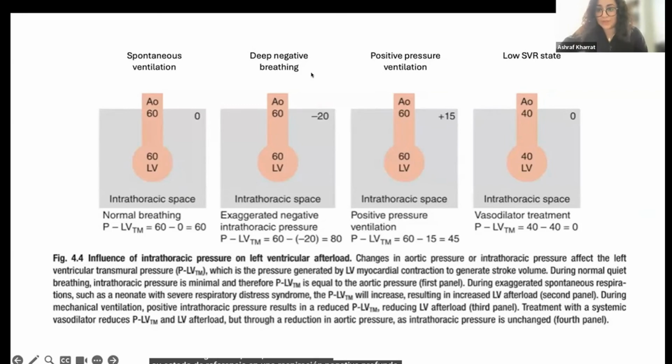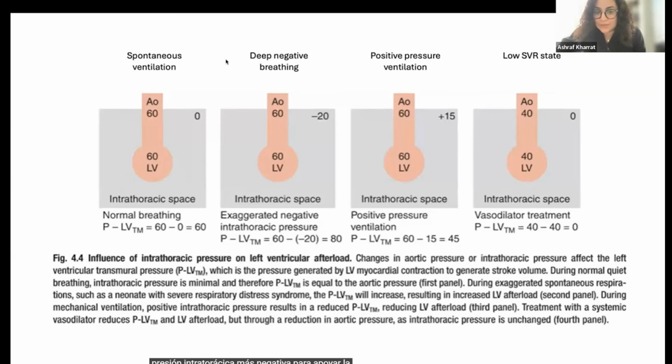In deep negative breathing, so a kid that has work of breathing, we haven't intubated them yet, but they're working to breathe, which means they're creating an even greater negative intrathoracic pressure in order to overcome whatever lung disease they have. So that work of breathing is trying to mobilize all their accessory muscle use and their diaphragm in order to create a more negative intrathoracic pressure to support ventilation.